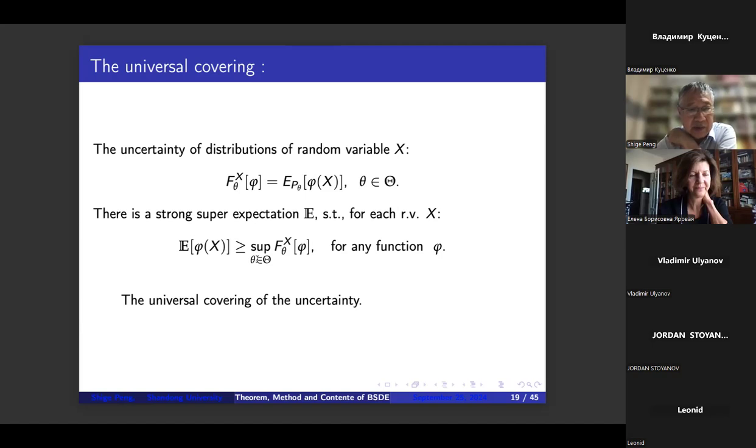The universal covering means that we can find one sublinear expectation and use it to dominate many other ones.